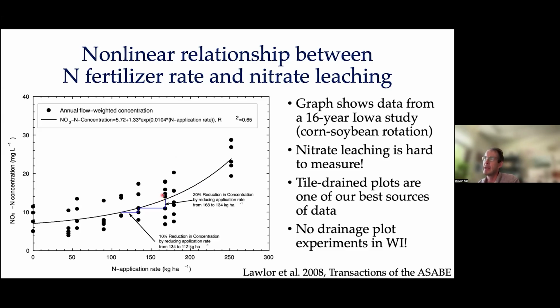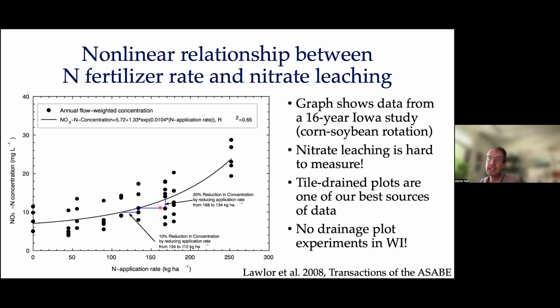Essentially, they've got plots with individual tile drains where they're able to vary the nitrogen rate and look at the water that's coming out of that tile to get at how the nitrogen management influences the nitrate leaching year over year.